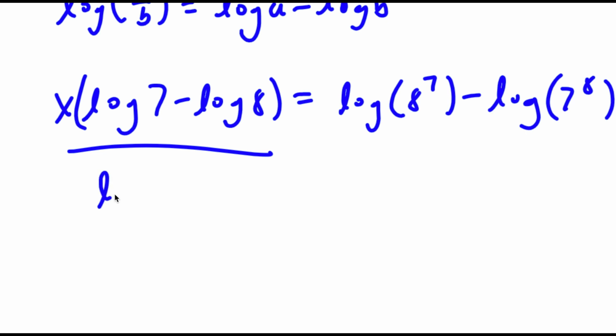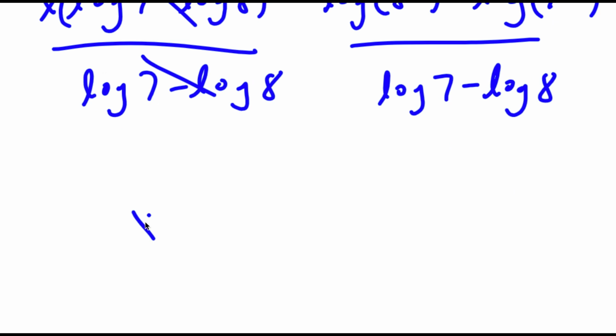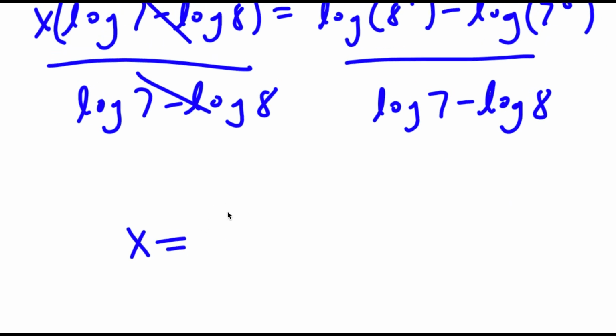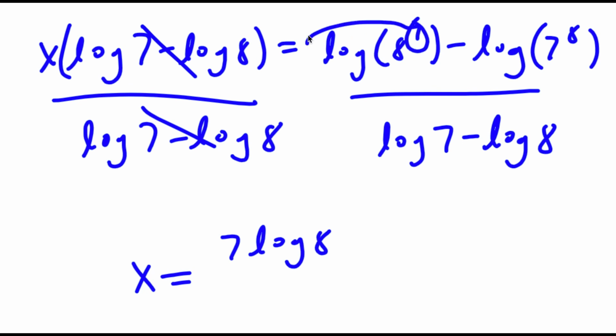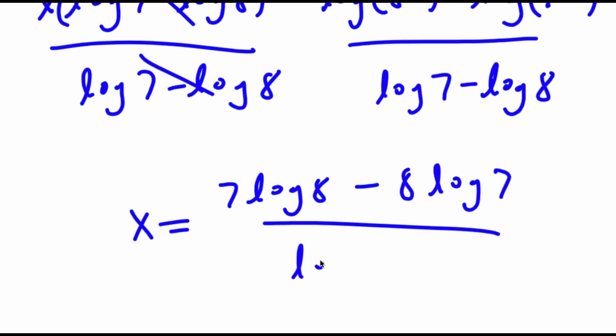Now if I divide both sides by log 7 minus log 8, these two cancel out, and now I have x is equal to 7 times log 8, because remember I can move the exponent to the front of both of these, minus 8 times log 7, over log 7 minus log 8.